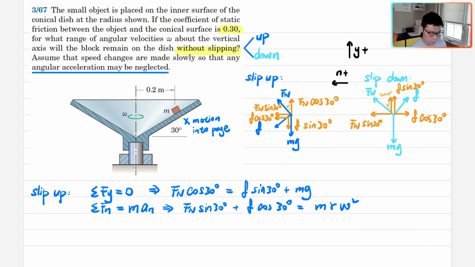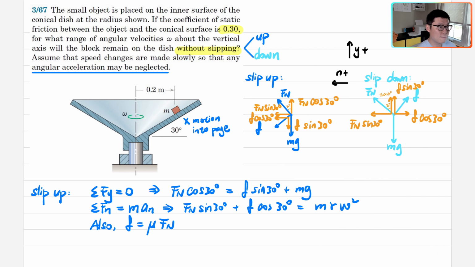So that's why I'm using r omega squared here versus v squared over r. Also we need to remember you have friction. Friction is always mu Fn, coming from the supporting force, the normal force.